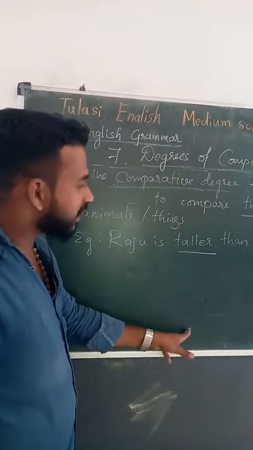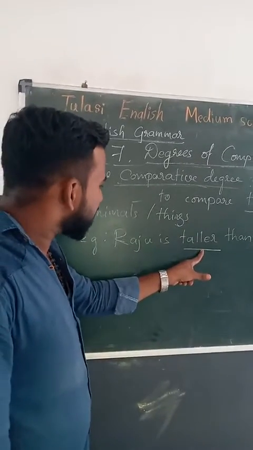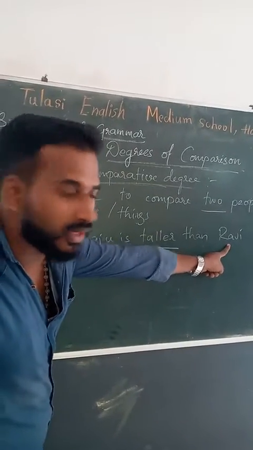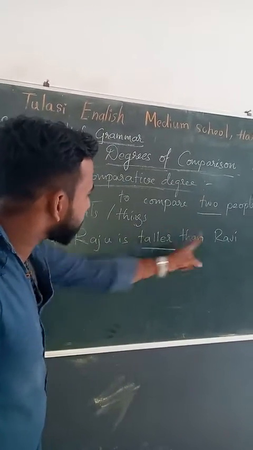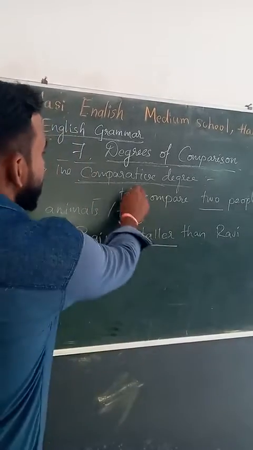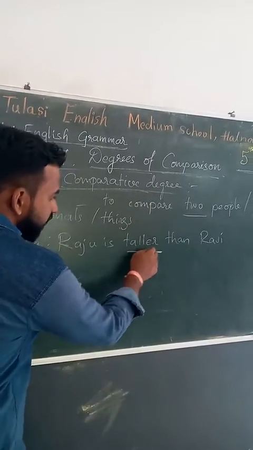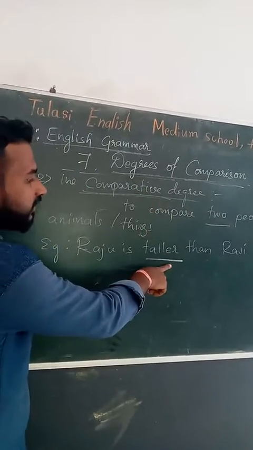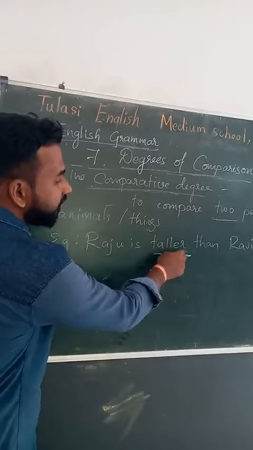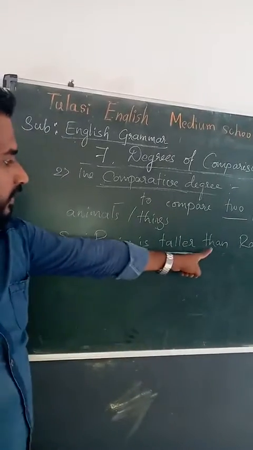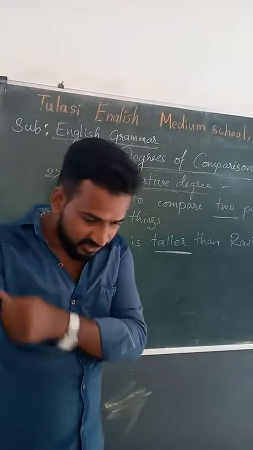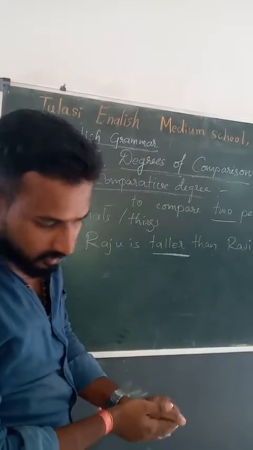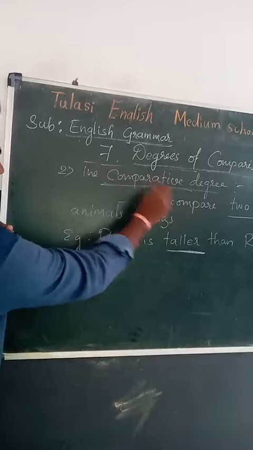There was no comparison, but here we compare Raju with Ravi. So we compare using this adjective. Tall we used here in a comparative degree. It changes as taller. Then it's very important. We have to add than in the comparative degree.